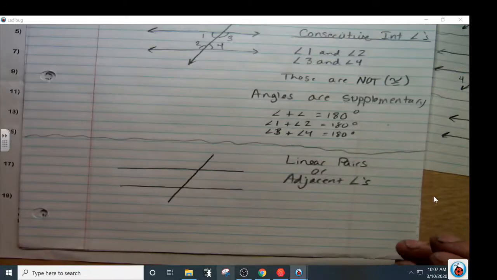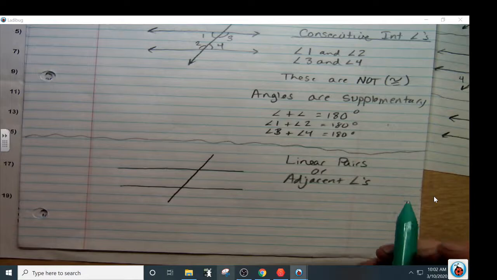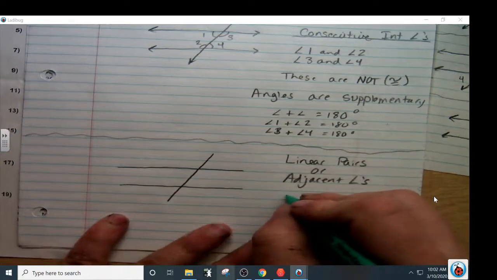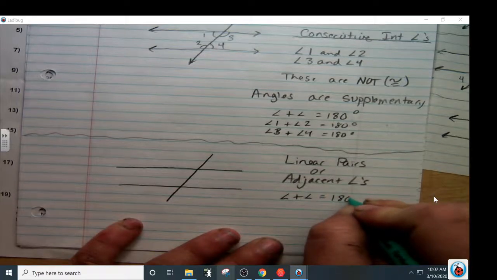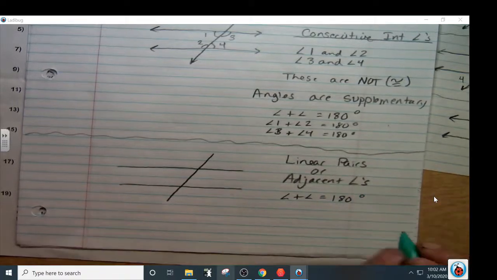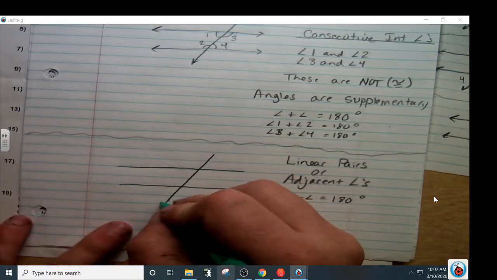Okay, now guys, the last thing we're going to talk about are linear pairs, or adjacent angles. These are supplementary angles, which means if you add two angles together, they equal 180 degrees. Guys, there's a ton of these.